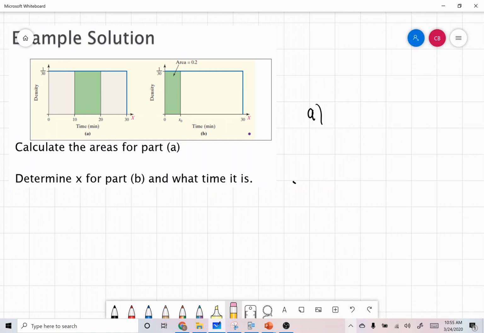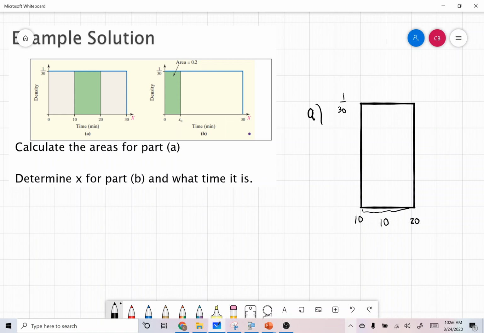If we draw a rectangle, we've got 1 over 30 being the height, and we've got 10 to 20 here, so the distance from here to here is 10 minutes. And since this height starts at 0 down here, this is 1 over 30.